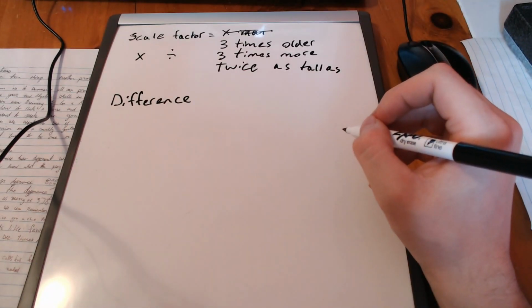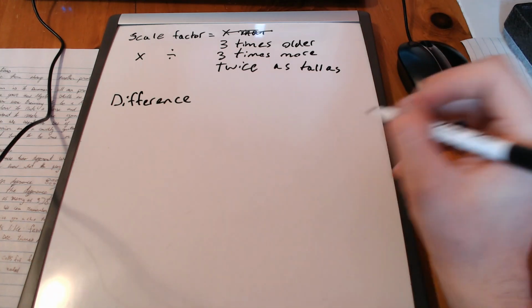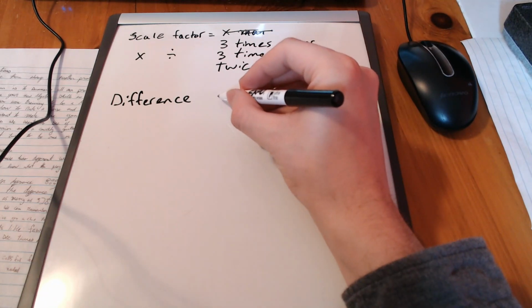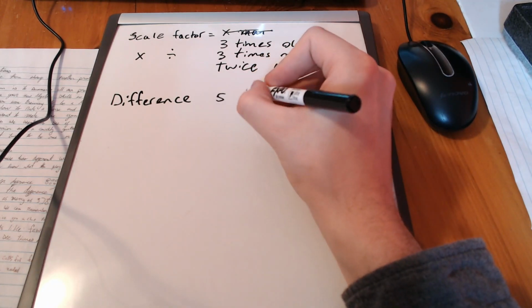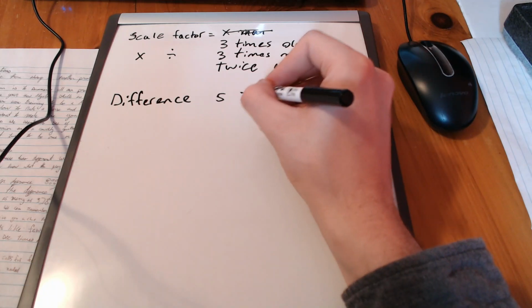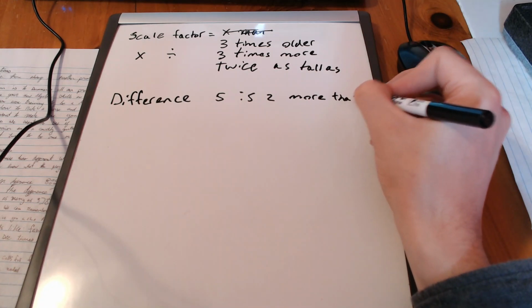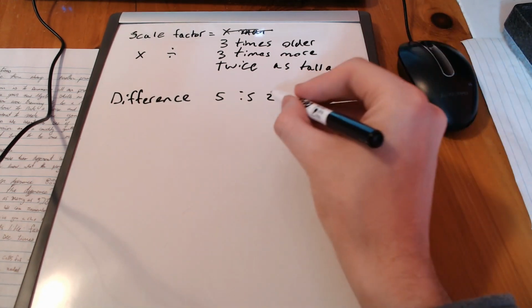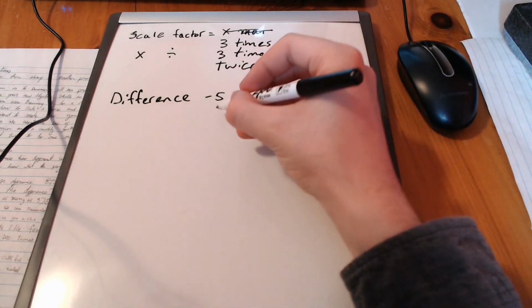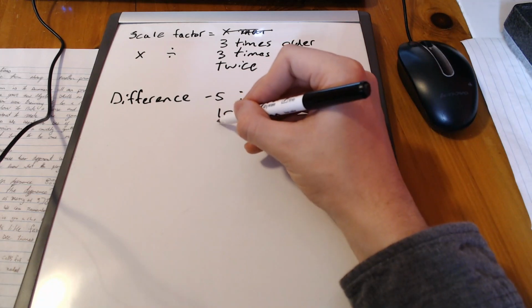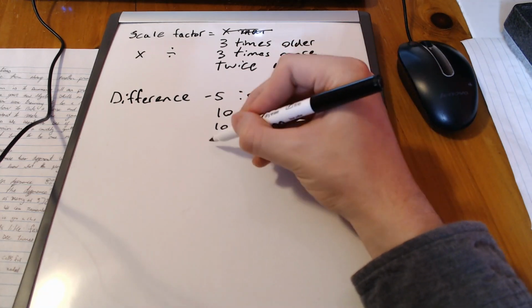Difference is the other one. This one is more about the difference between numbers. So if you had, let's say, 5, you could say 5 is 2 more than 3, and the difference here is 2. You'll often be dealing with things like he had maybe 10 more, 10 less, 10 fewer.